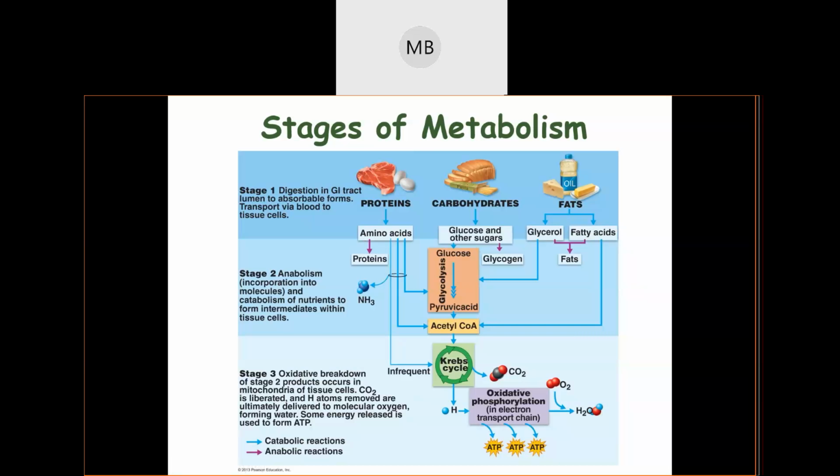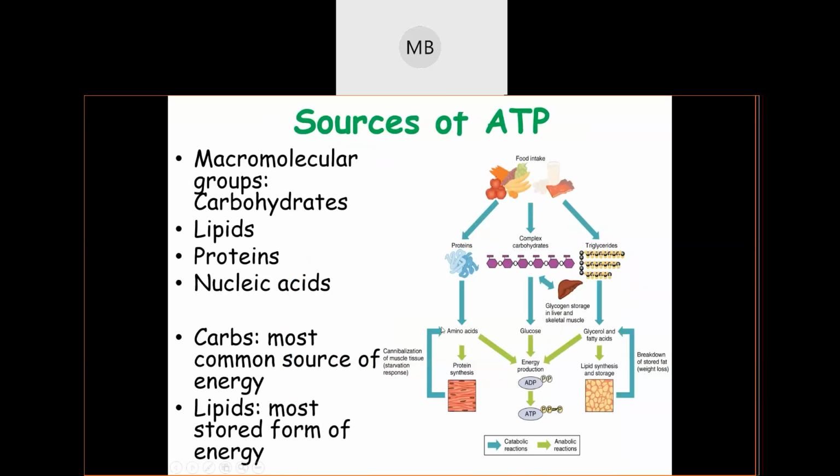Other nutrients that we may not get enough of are vitamins and minerals. And technically speaking, water is also in here as well. Now we need to talk about what each of these actually does for your body.